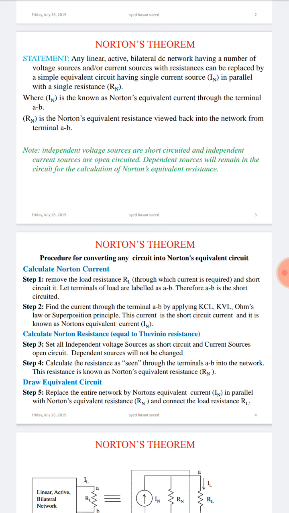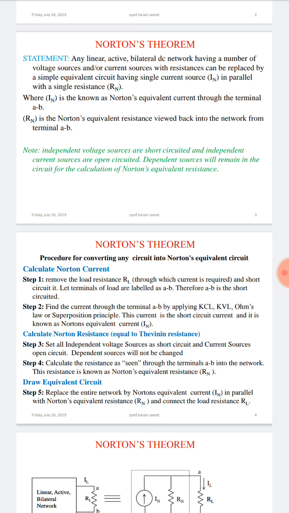In the statement, the concept of a linear bilateral network is given. What is linear? Linear means the voltage increases as the resistance increases. What is bilateral? A network having two sources which are equal in amount and opposite in polarity.